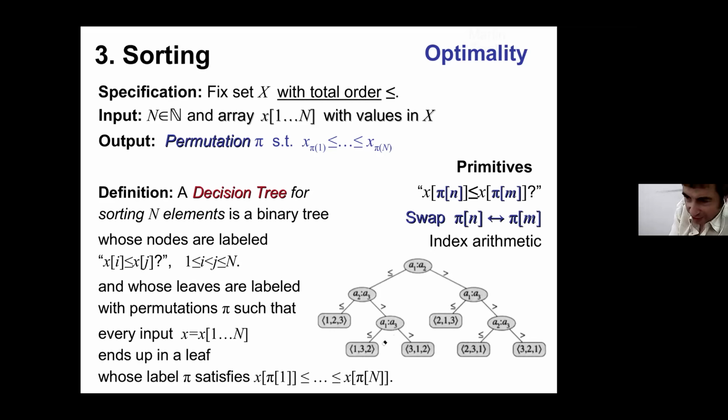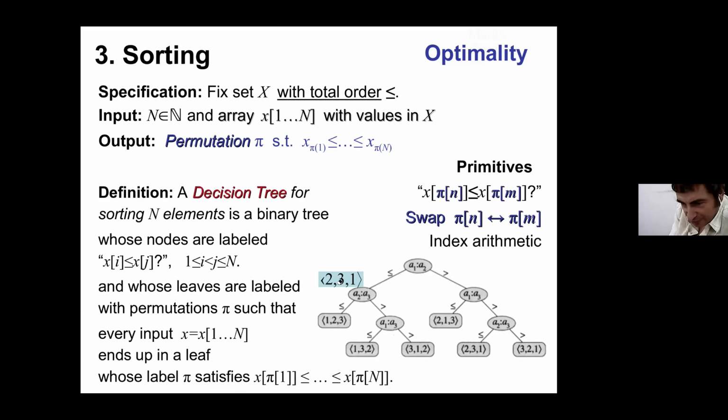Now you can simply test it. Let's say I take the array 2, 3, 1. I compare A1 and A2, so 2 and 3. 2 is less than or equal to 3, so I have to go left. Then I have to compare 3 and 1.